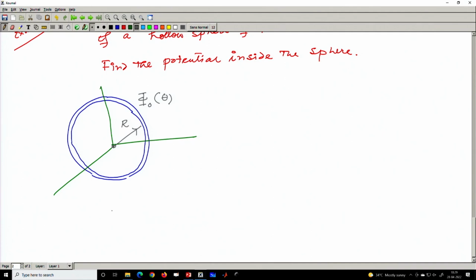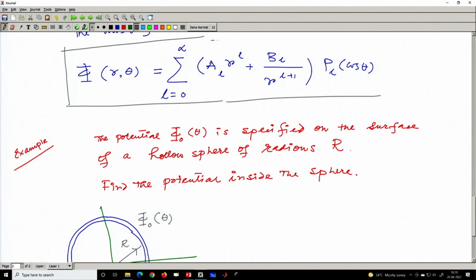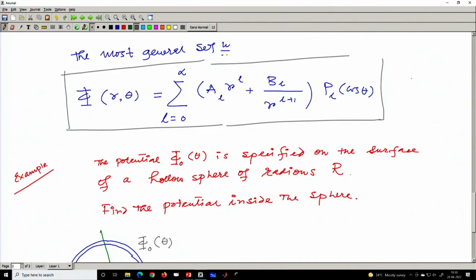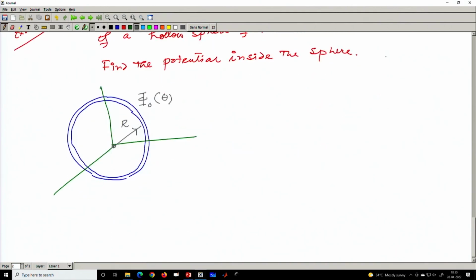Now let us write the general solution, because the general potential for this system is already derived, and this is the general form of the potential for any spherically symmetric system, and this solution I am going to use directly. That's why we did it.